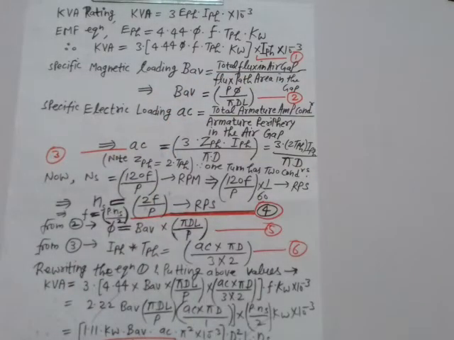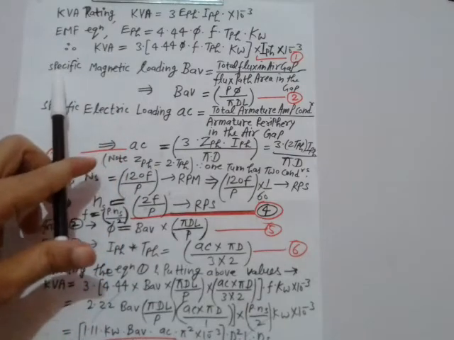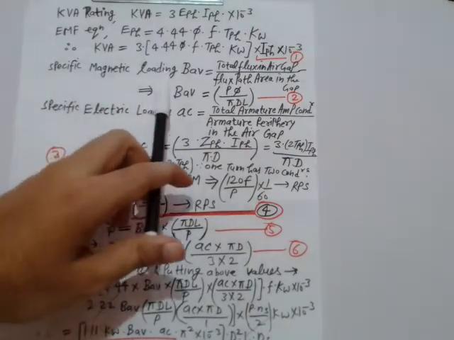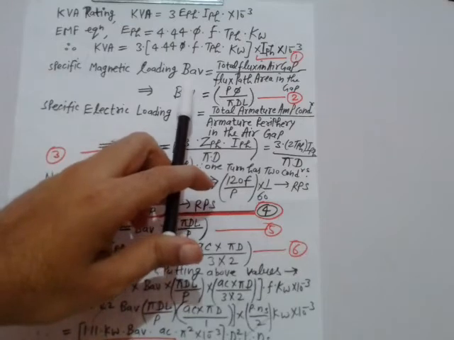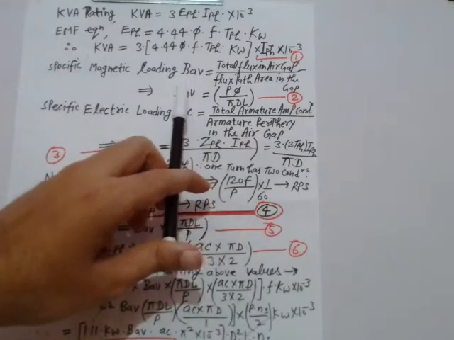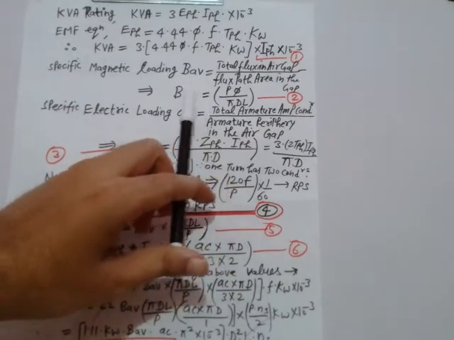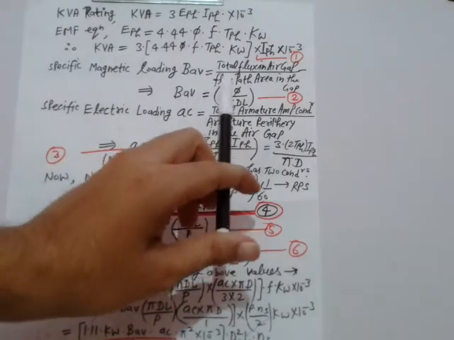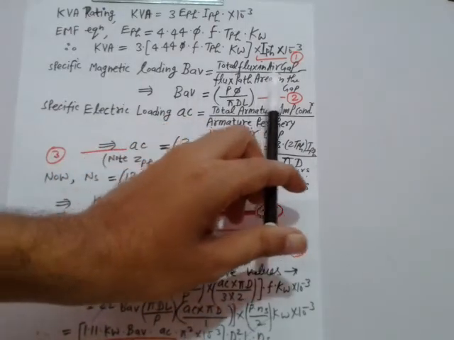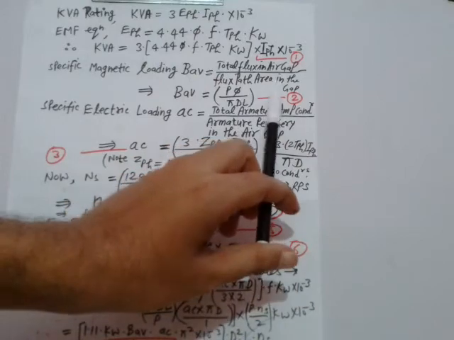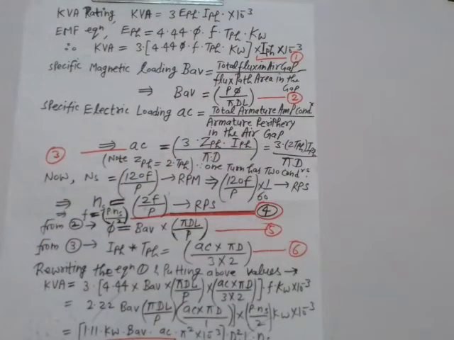Now there is a term, specific magnetic loading. It is represented by B suffix AV. BAV is the average flux density. That means it is given by total flux in the air gap divided by flux path area in the gap, right?